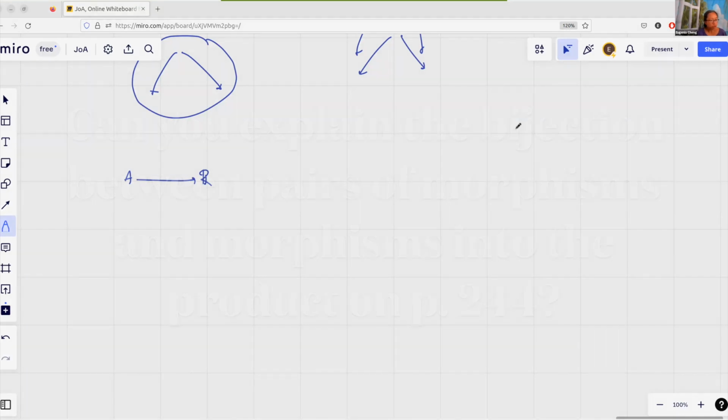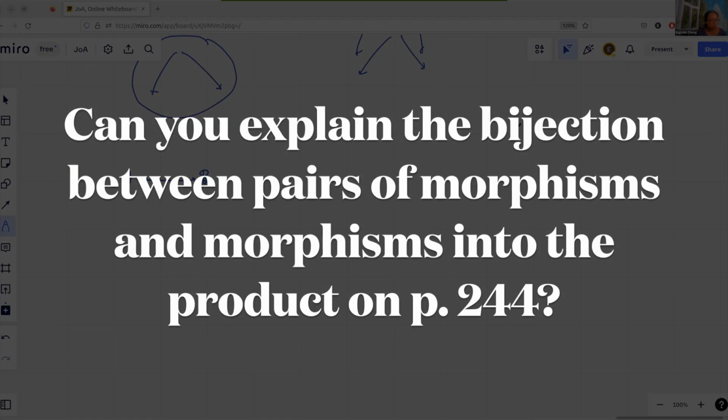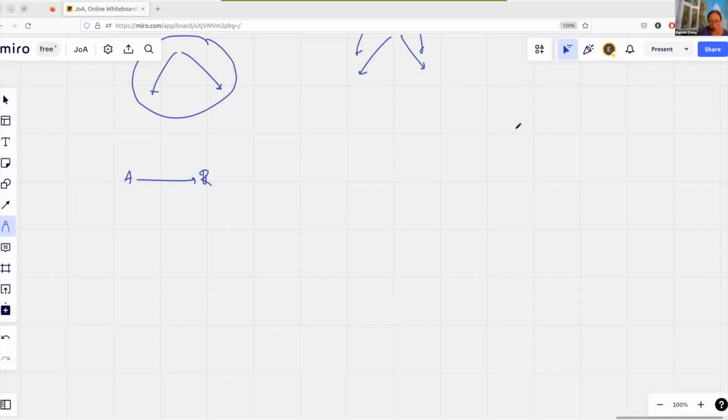So the next 2 questions are about the bijection between the pair of morphisms in a product. So this is on page 244. Just to make sure I'm understanding correctly, the bijection. Okay, so there's a bijection between pairs of morphisms to the feet and a single morphism to the vertex.